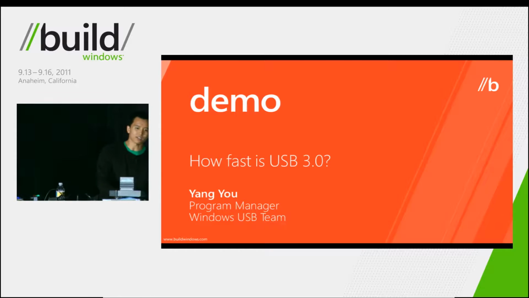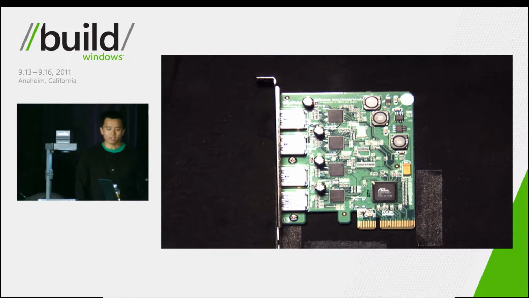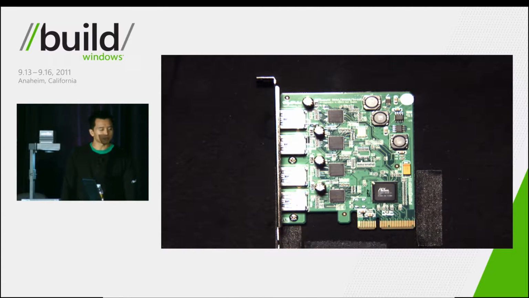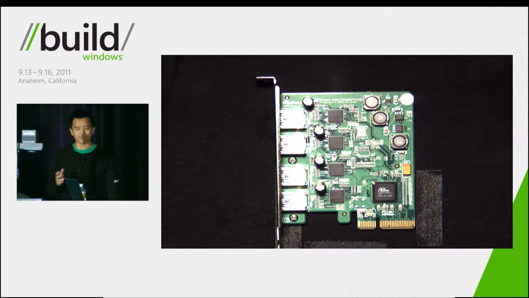So what I've got here is actually a USB 3 add-in card. And as Christina and Jane have probably mentioned earlier, each USB port has about 5 gigabits per second of bandwidth available to it. So this particular add-in card is called a RocketU USB 3 controller.